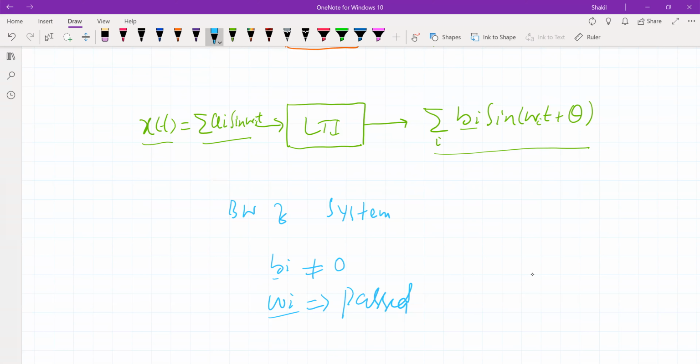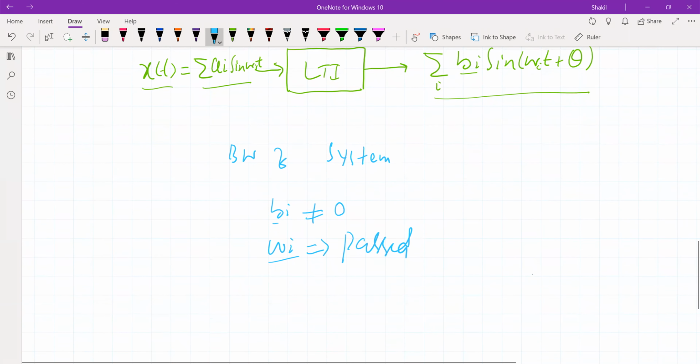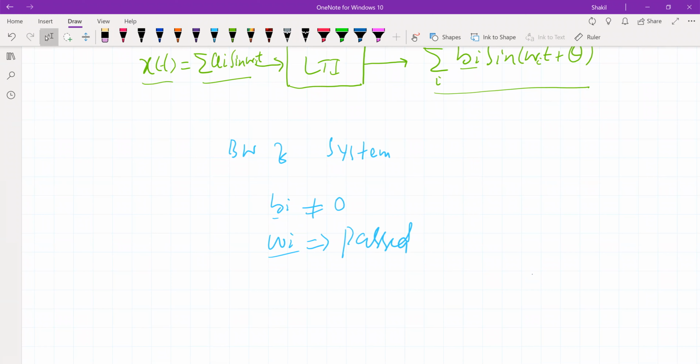And this is very, very important for communication engineers, for calculation of bandwidth, and as an electrical engineer, this is very, very important for machine design. When we express x of t as a weighted sum of sinusoids, this is referred to as expressing x of t as a sum of fundamental component and the harmonics.